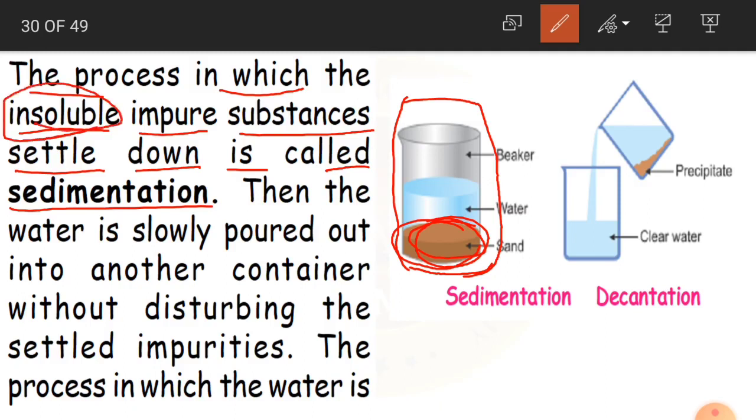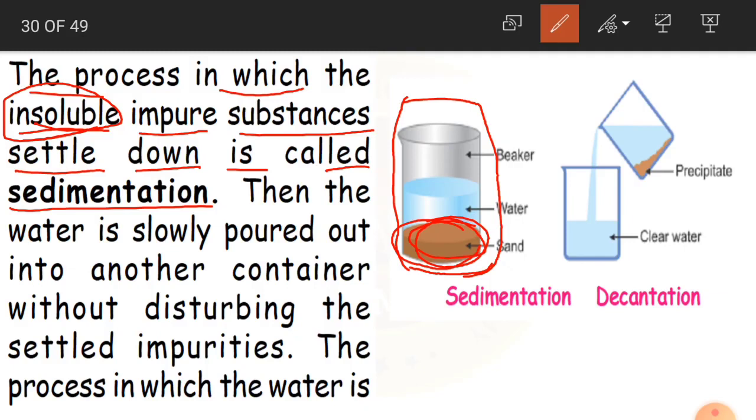Insoluble. It is not going to dissolve along with the water. Suppose you mix salt or sugar in the water, what happens? They are going to dissolve, they are going to mix up with the water. But if you put some sand or stones in the water, what happens?